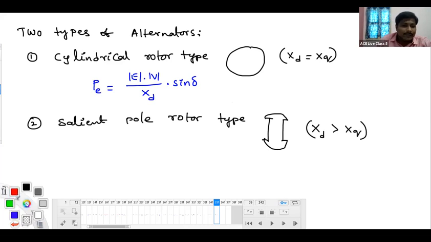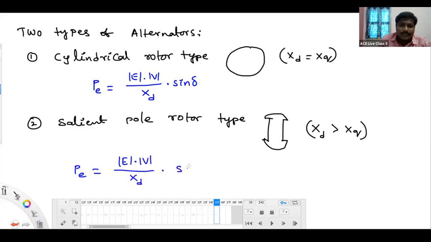Now let me give you the expression for real power in case of a salient pole generator. It's very simple. Mod E into mod V by XD into sine delta, plus 1 by xq minus 1 by xd. Just follow it. I'm not doing any derivation.